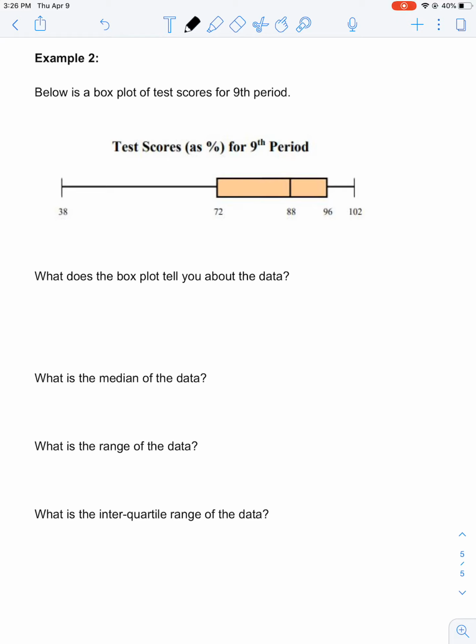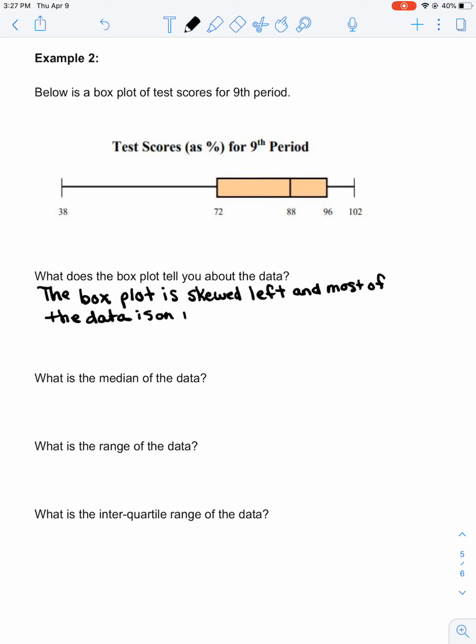Well, for us here, this box plot is going to tell us the box plot is skewed left in most of the data is on the right side of the plot.